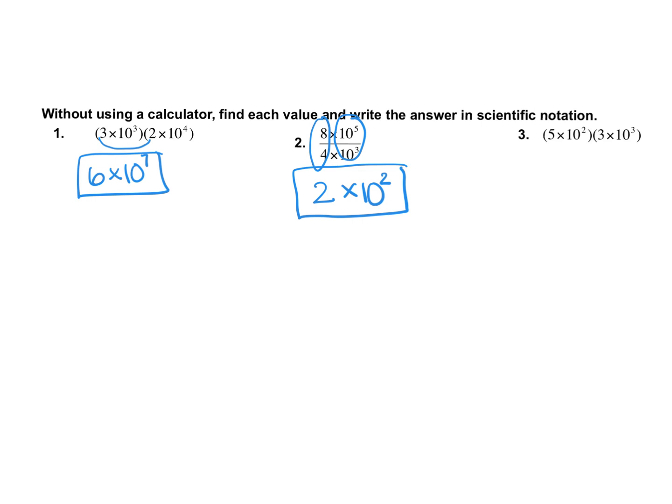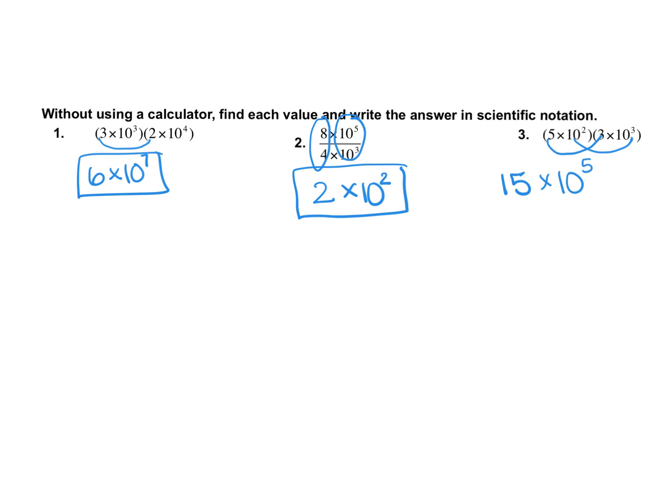Now for the third example, we're again going to take 5 times 3, which is 15. And now let's multiply these, and we're going to get times 10, adding the exponents, to the 5th power. Now, hopefully some of you are noticing that this is not in scientific notation, because that first number has to be greater than or equal to 1, less than 10.